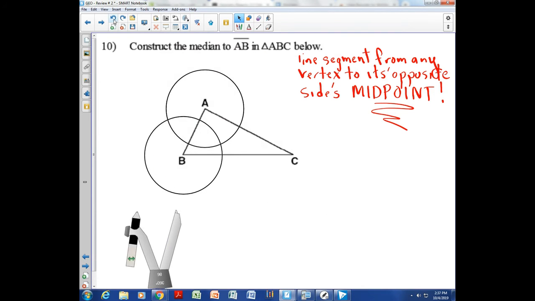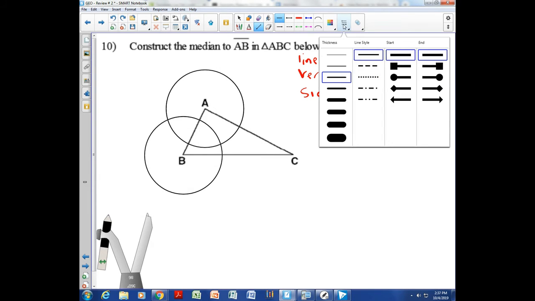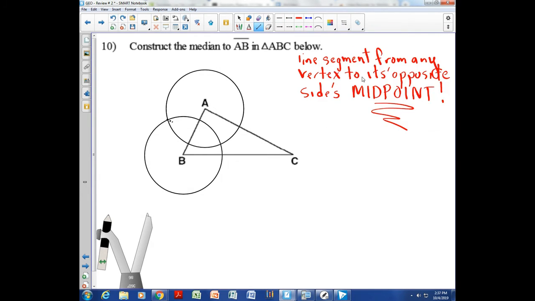Okay. And I am going to use, once again, a dotted line to represent my straight edge in connecting those 2 points of intersection. Most importantly is that we find the midpoint, which is right there. I'll label it M.